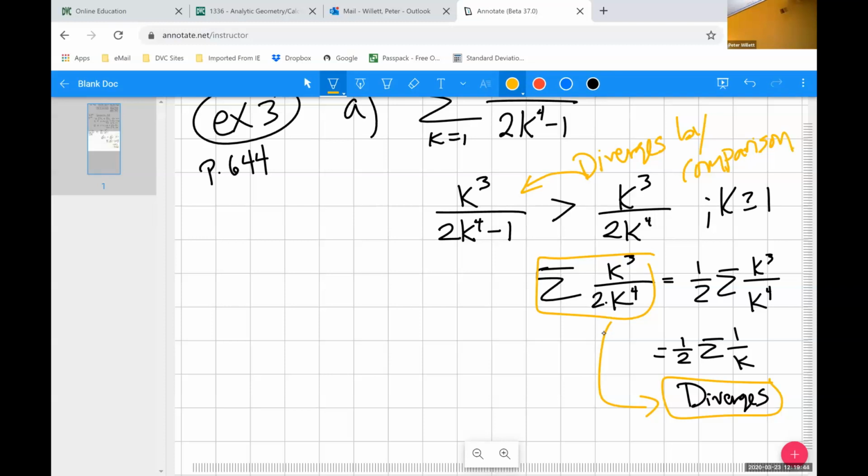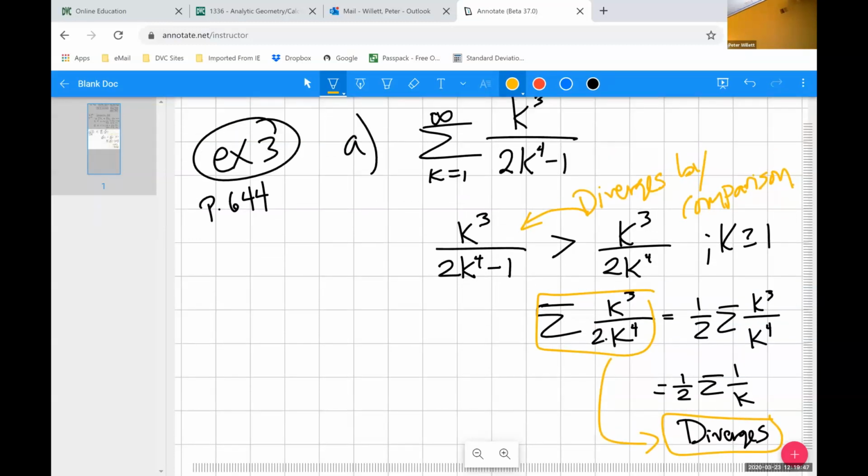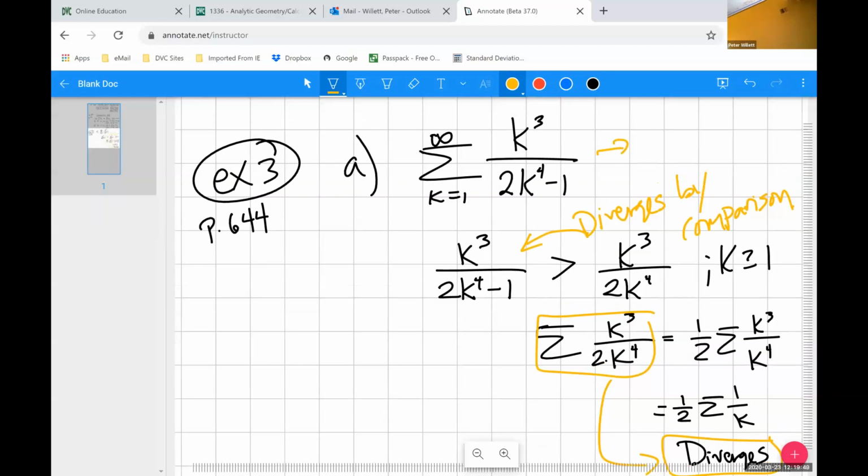So basically, we are saying in this problem that this diverges because we can compare it to this, which we can quickly see diverges. It diverges because it's just a straight multiple of the harmonic series, and the terms of the series we're looking at are larger than the terms of this divergent series. So by the comparison test, it also must diverge.